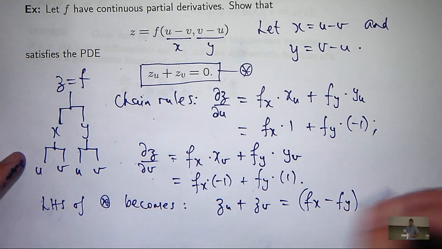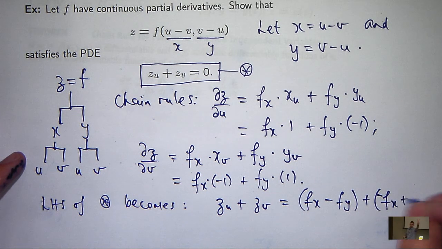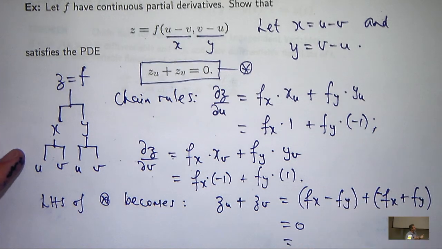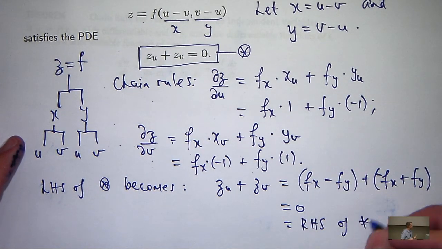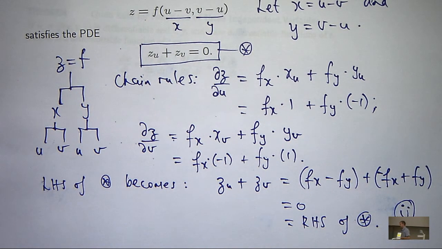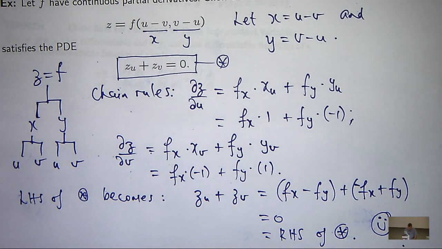Oh my God. So we're absolutely delighted. We're really happy. Okay? Well, let me move that over. Okay, so we don't know what f is, but we know that if it has a certain structure, it'll satisfy that partial differential equation.